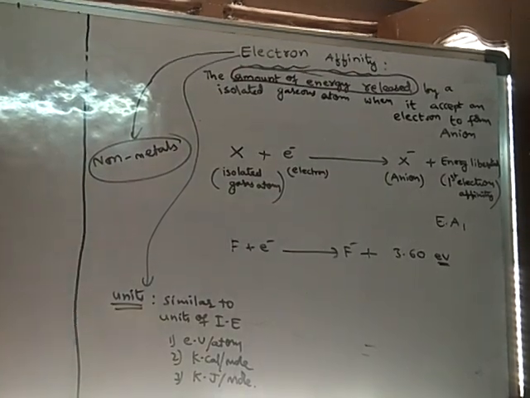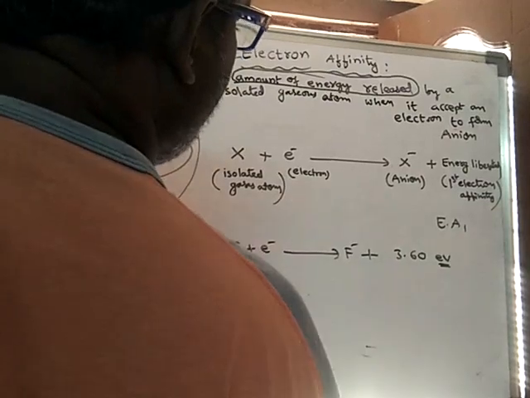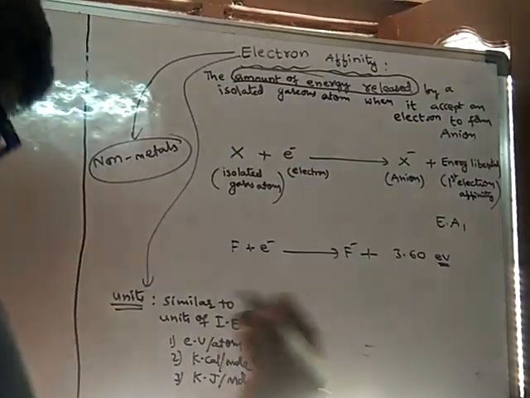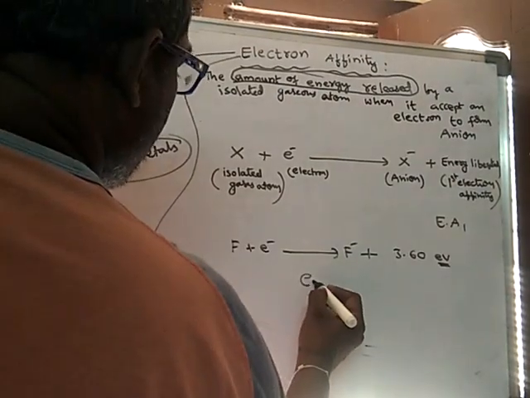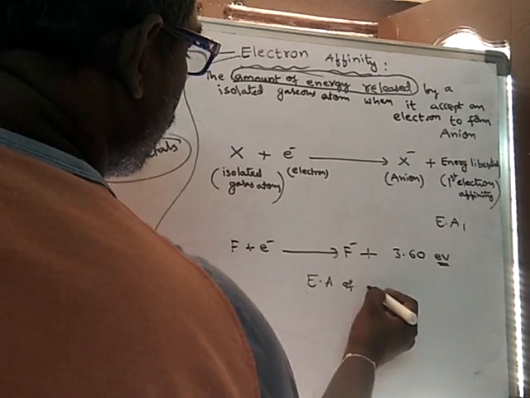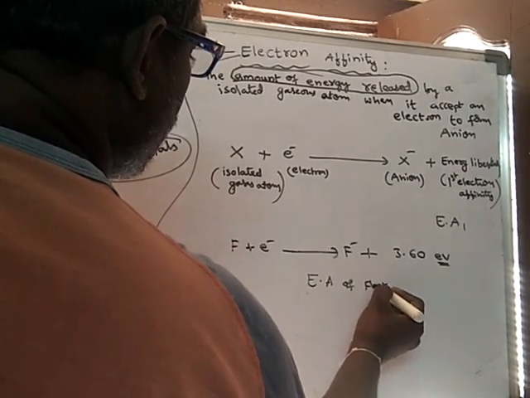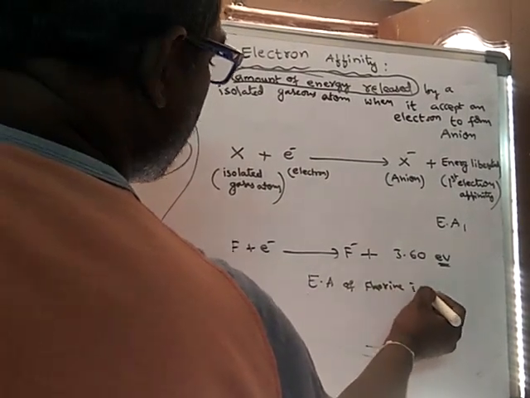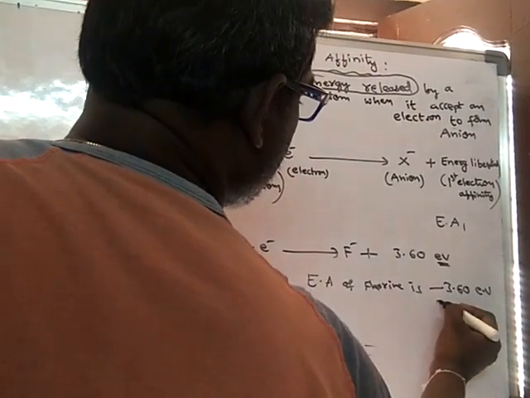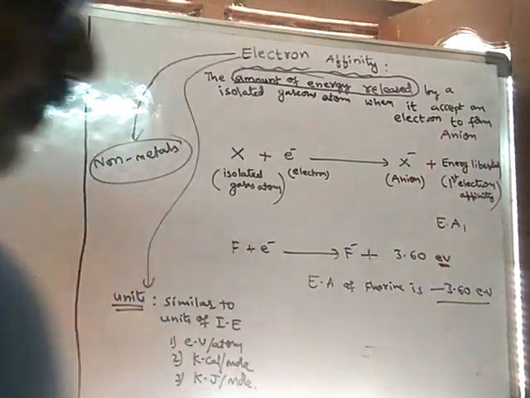So what is the value of electron affinity? The electron affinity of fluorine is minus 3.60 electron volts. Why the minus sign here?